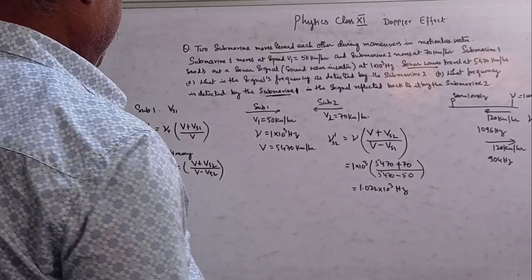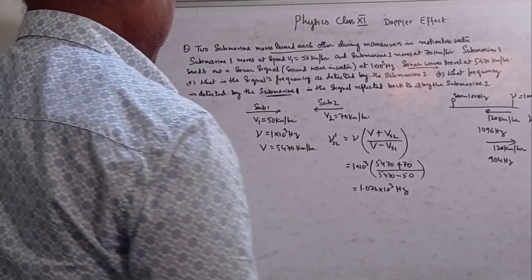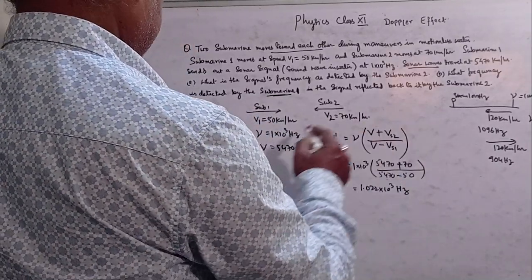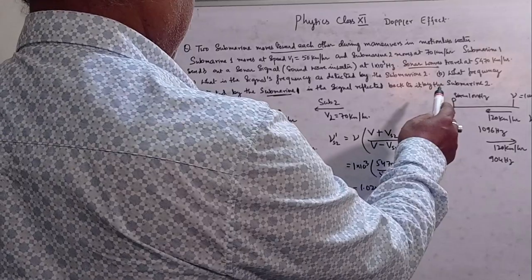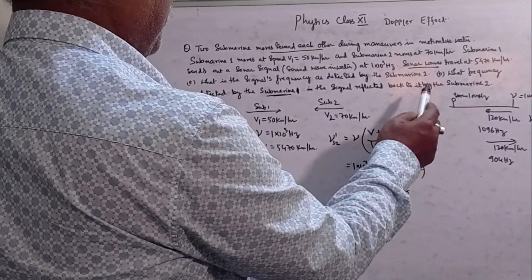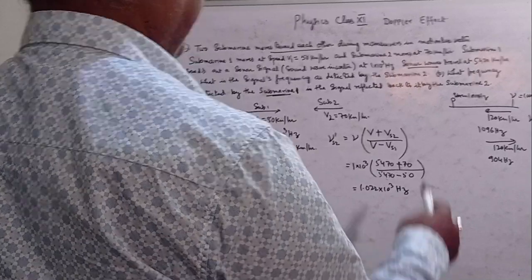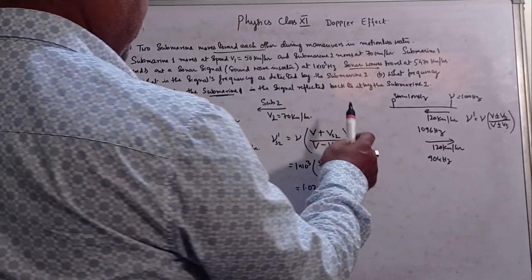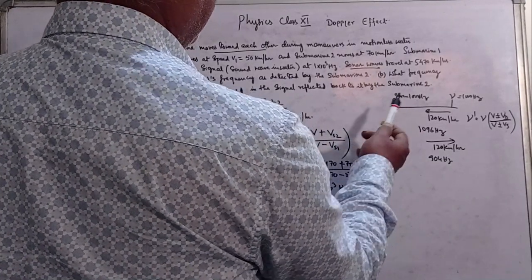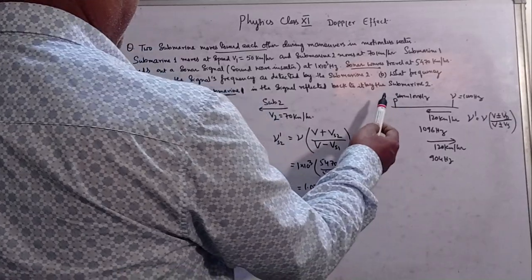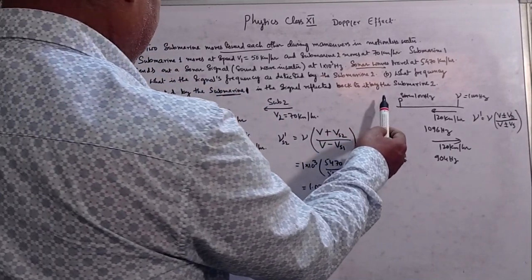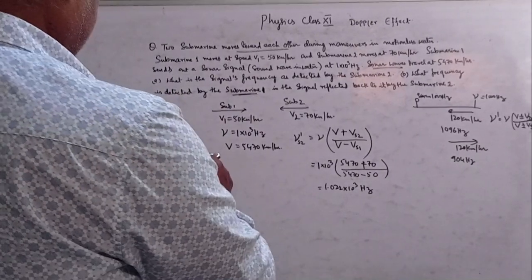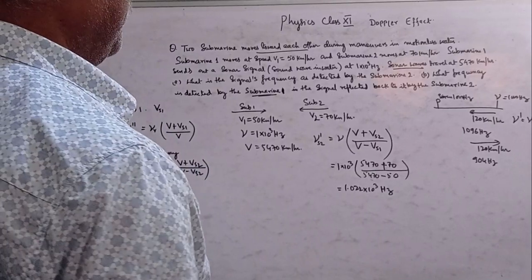Here, since you have kept this stationary, for the reflected waves your source also becomes submarine 2 at the same time. It detected it the first time, and in the second case it becomes a source, so both detector and source become the same.